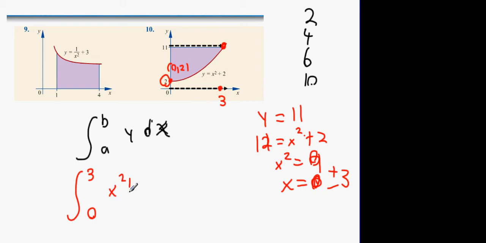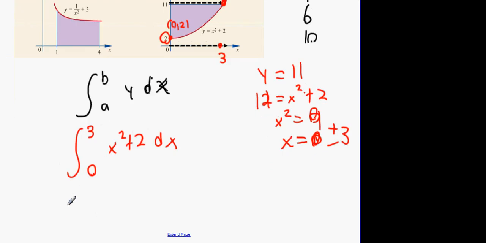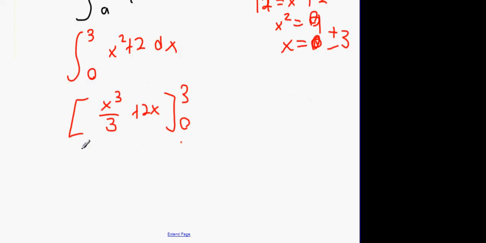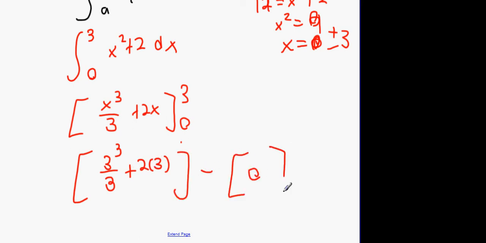We know the function to be x squared plus 2 dx. We've integrated this before. It's on our course, which means we haven't made a false move. So it's x cubed over 3 plus 2x, integrated from 0 to 3. When you plug in the 3, you get 3 cubed over 3 plus 2 times 3. The second part doesn't matter because it's all zeros.